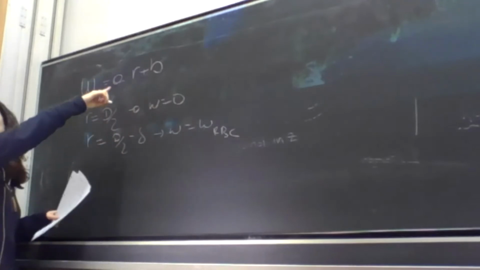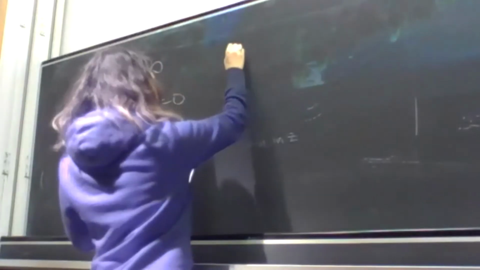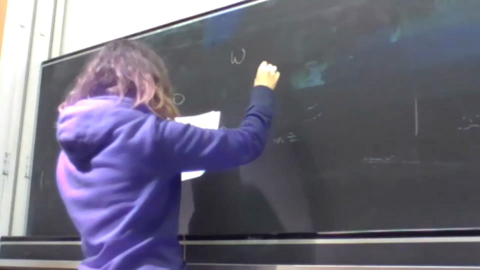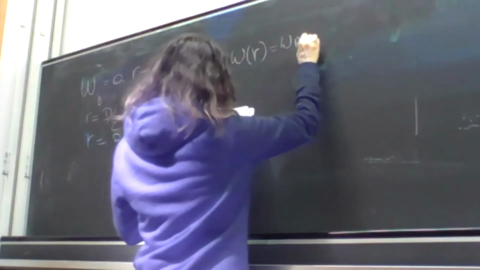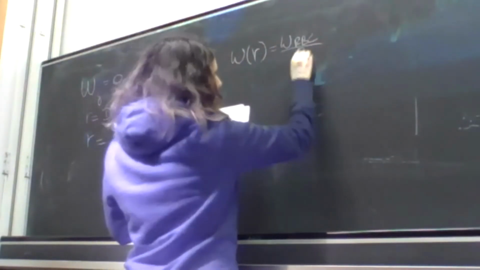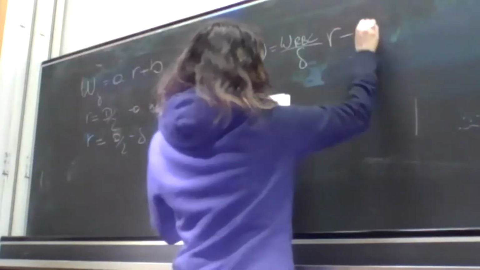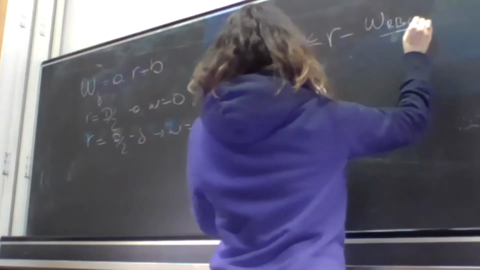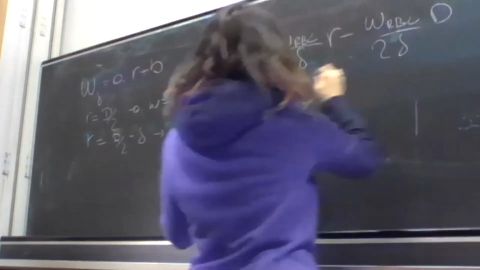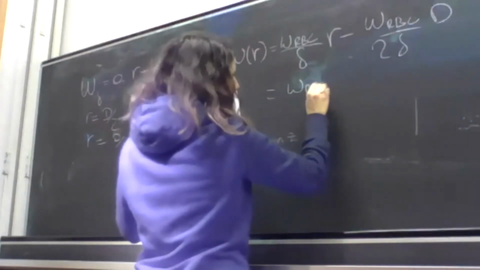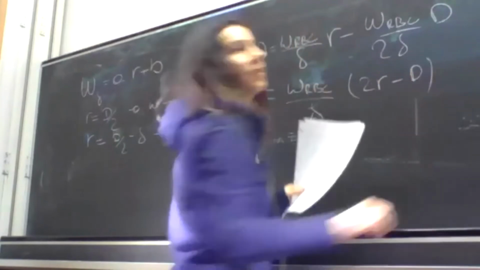If you solve this, and I hope you know how, this is basic math, you arrive at the velocity equal to the net force divided by, multiplied by r, minus the velocity squared divided by 2.